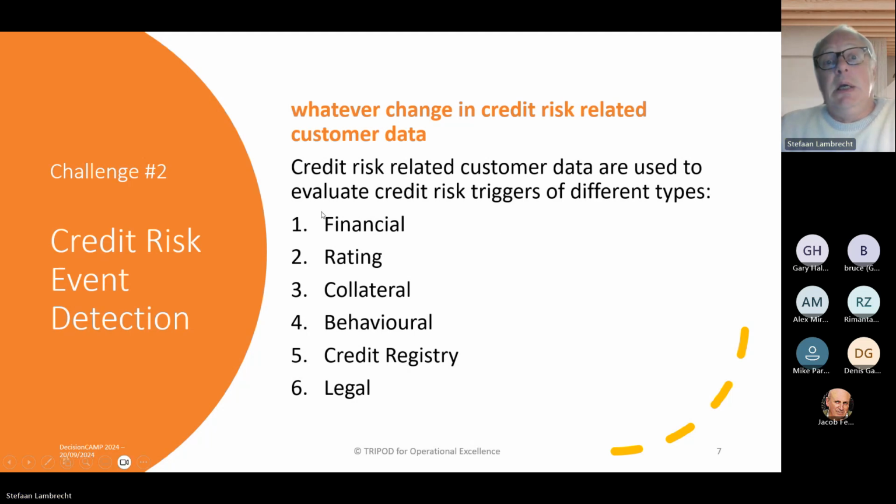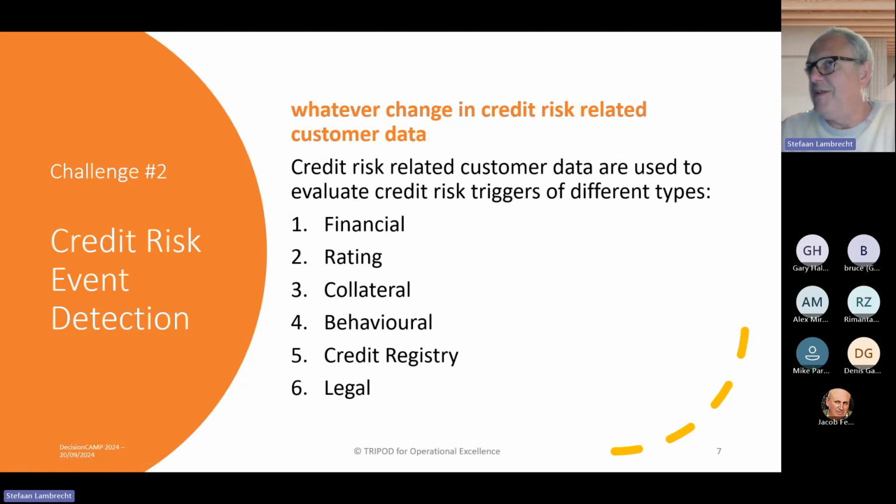There are different categories of things that can be checked, and the things that need to be checked are called credit risk triggers. That is, in fact, a logic that is applied to one or more of these data elements that we receive, and if a trigger is hit, that means that normally something needs to be done.